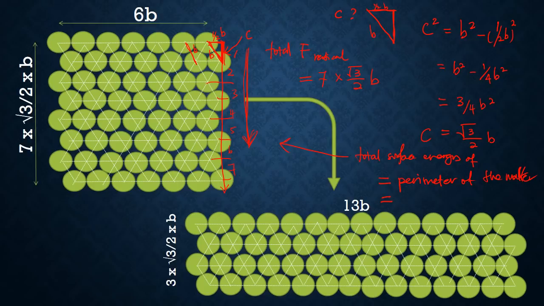The perimeter will be 2 times 6B plus 2 times 7 times square root of 3 over 2 B. Then you can calculate the total surface for the atoms in the square shape.